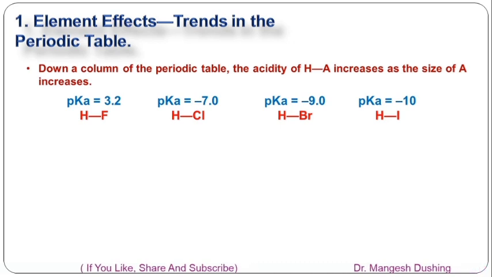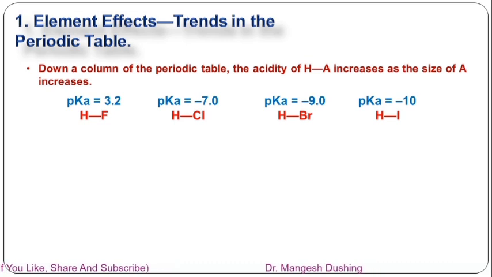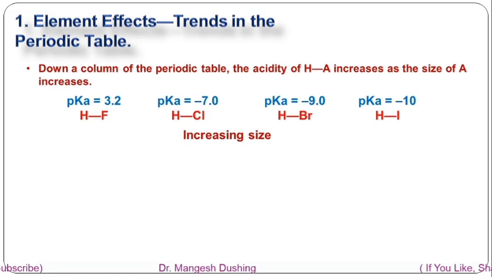So HI is the strongest acid because the conjugate base of HI, that is iodide, has a large volume, so the negative charge is spread over a large volume of the ion and is more stabilized. That's why HI is the most acidic.